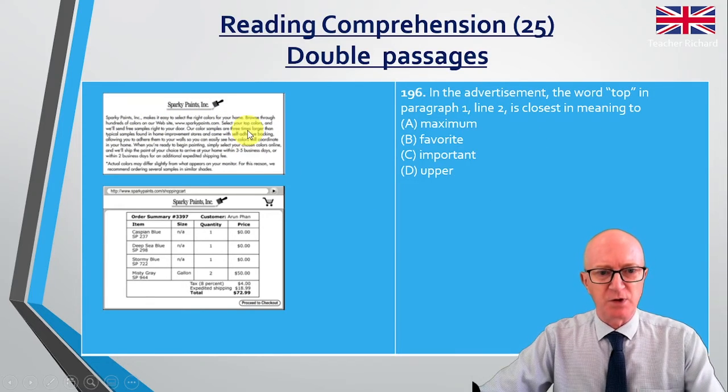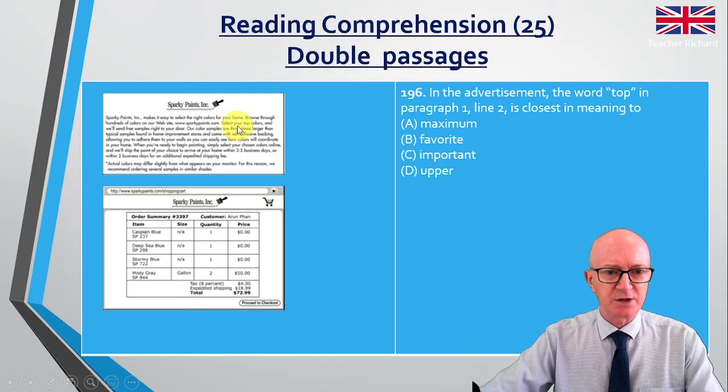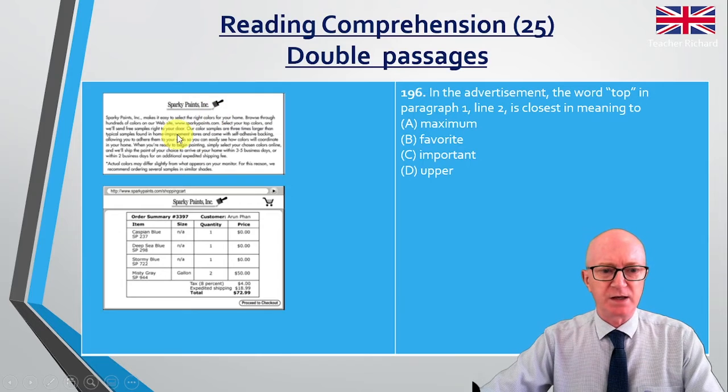It's a bit small here, but I can see it here. It says select your top colours. Select your top colours and we'll send free samples right to your door. As you can see, Sparky Paints Incorporated, so it's a paint company.